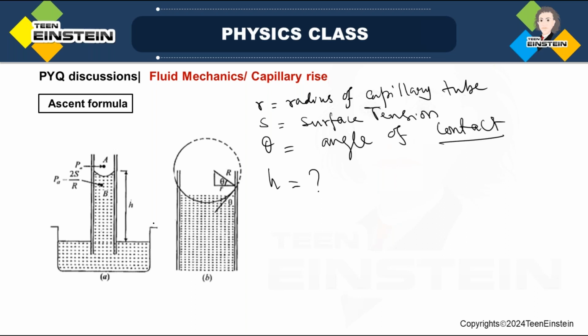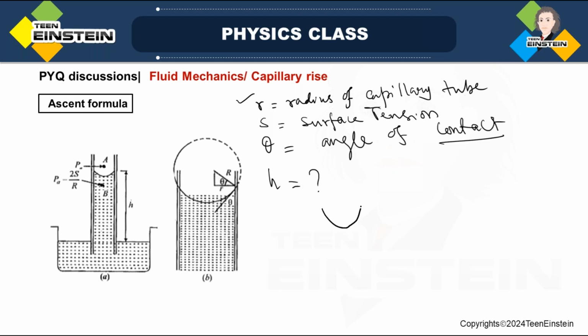How to derive that? Let us consider a very narrow tube of radius r, and take a liquid of surface tension S, and let the angle of contact be theta. Now let us consider this point and this point.